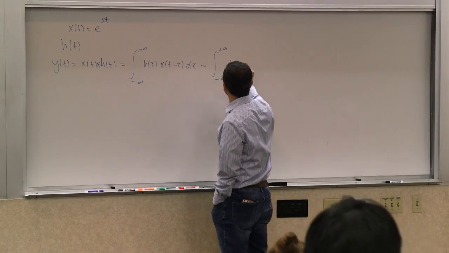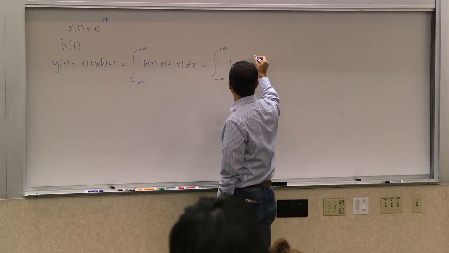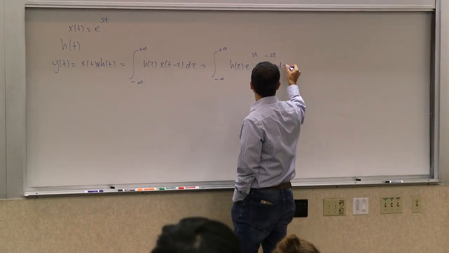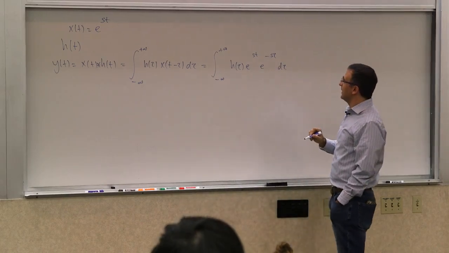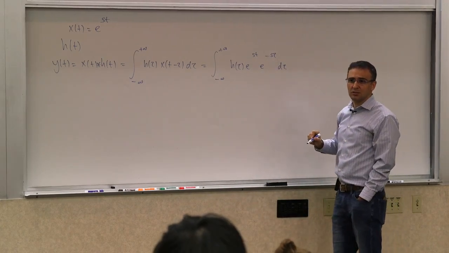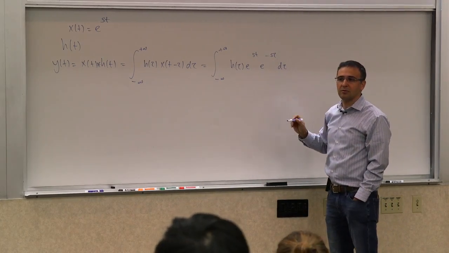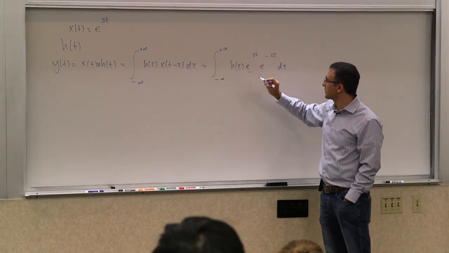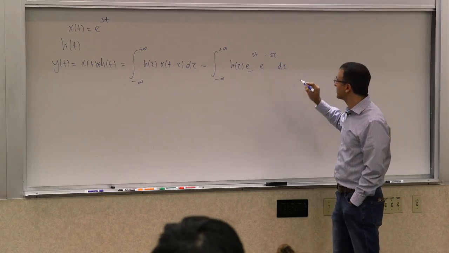So I get h of tau, e to the st, e to the negative s tau, d tau. T is a constant as far as this integral is concerned, right? So this term is not a function of tau. I can take it out.